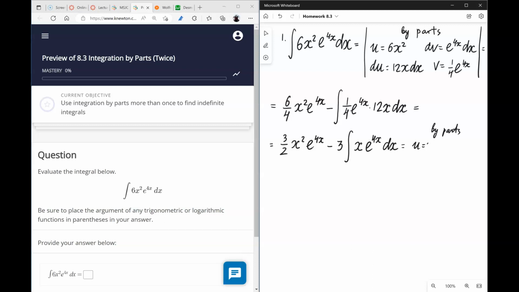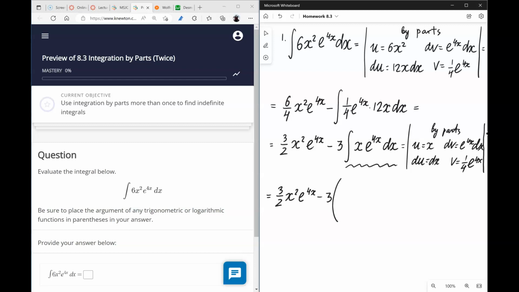So my u is x, my du is dx, my dv is e to the 4x dx, so that my v is 1/4 e to the 4x again. And now it's important for you to remember that the integration by parts only addresses this integral, right?